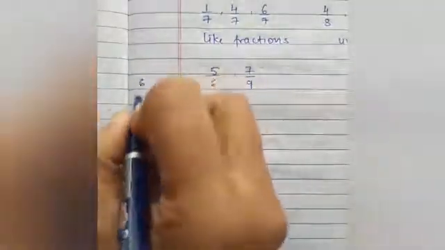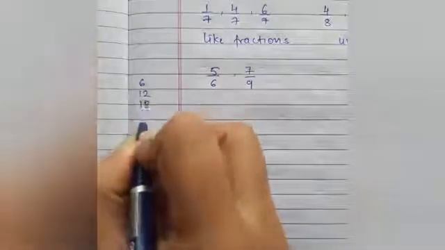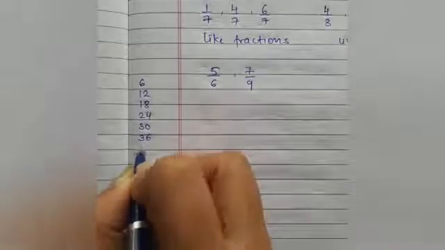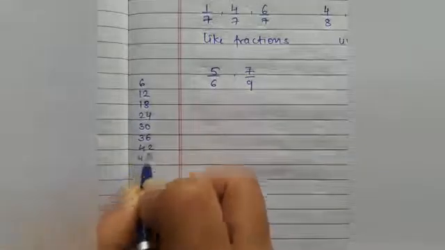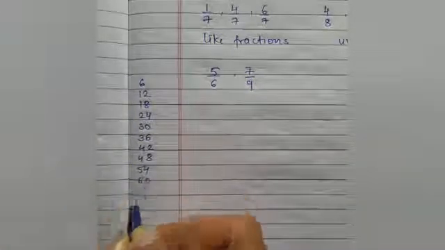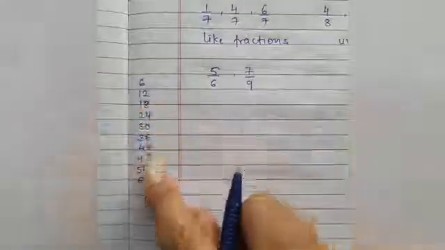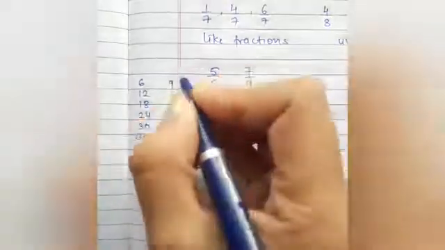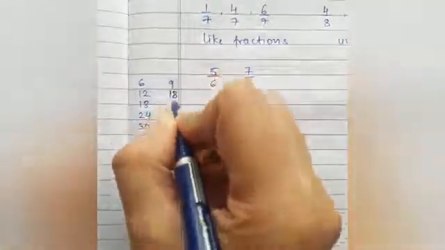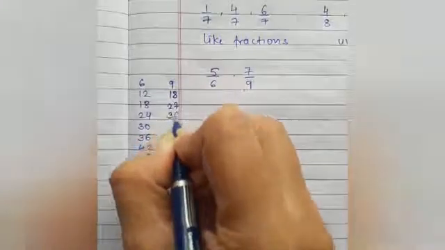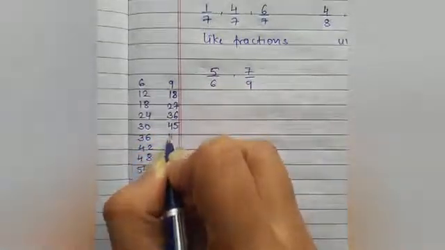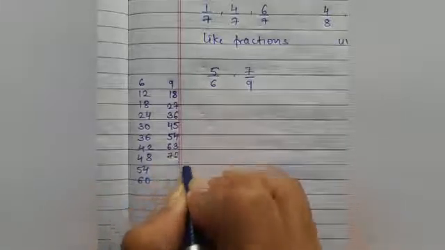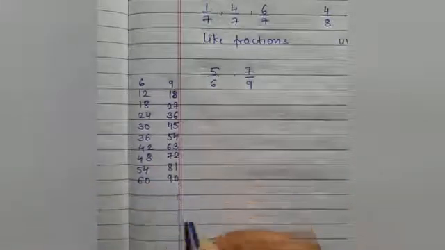6 ones are 6, 12, 18, 24, 30, 36, 42, 48, 54 and 60. This is the table of 6, and the table of 9 will be 9, 18, 27, 36, 45, 54, 63, 72, 81 and 90.